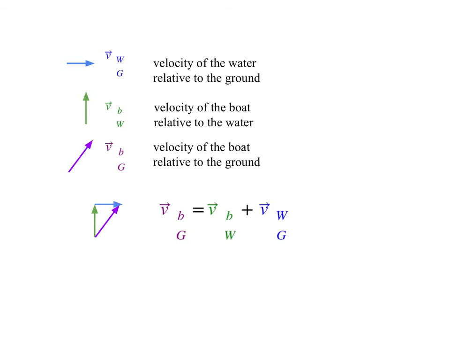It is a vector equation, though, so we can set it up as a vector equation. If we put these in tip to tail, then this would be the connection. So if we take the velocity of the boat relative to the water and add the velocity of the water relative to the ground, we would have this. And that has to become the final thing. And the lengths of these things have to scale themselves so that that works.